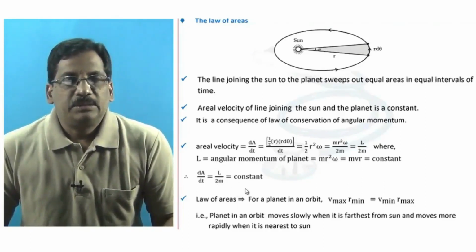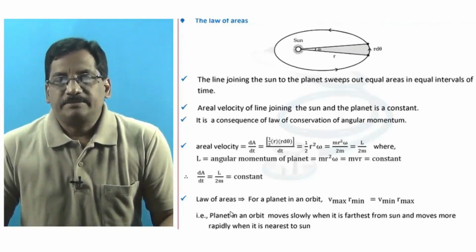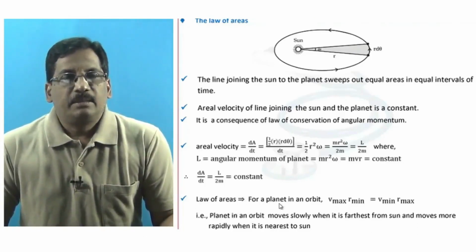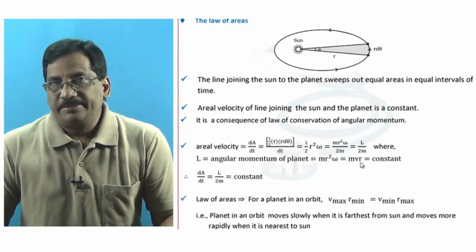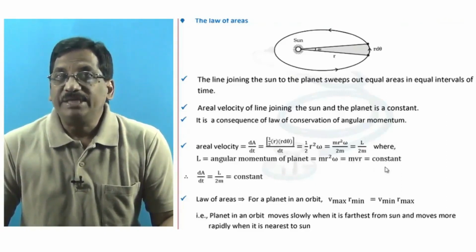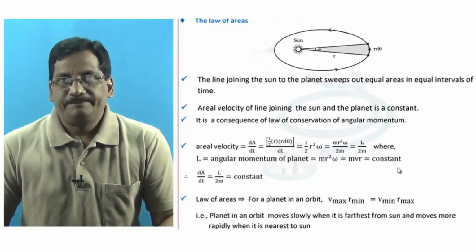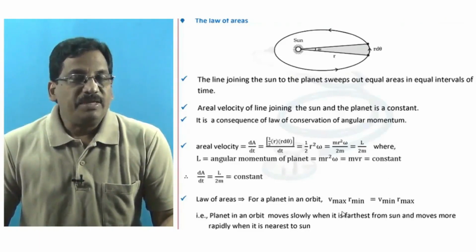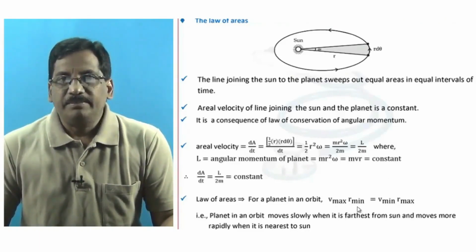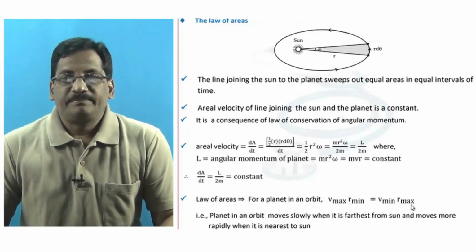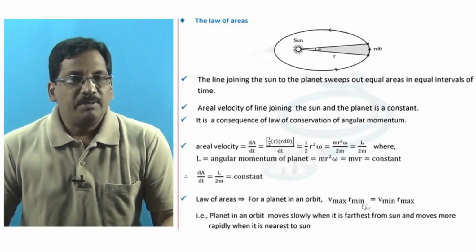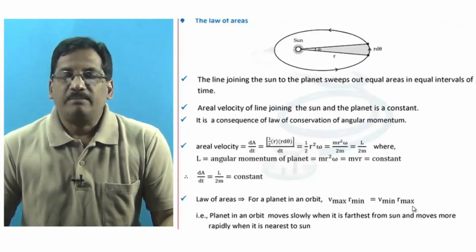So the law of areas implies that for a planet in an elliptical orbit, the quantity m v r equals a constant. Since m is constant, v into r equals a constant. That is, v maximum into r minimum should be equal to v minimum into r maximum.